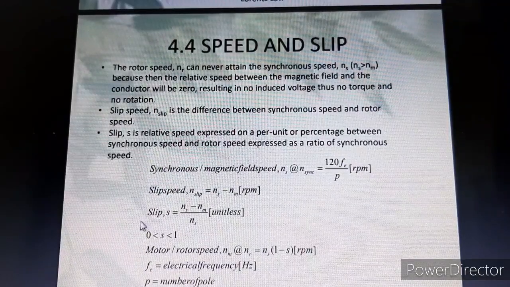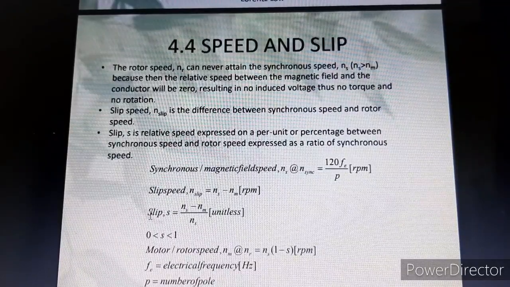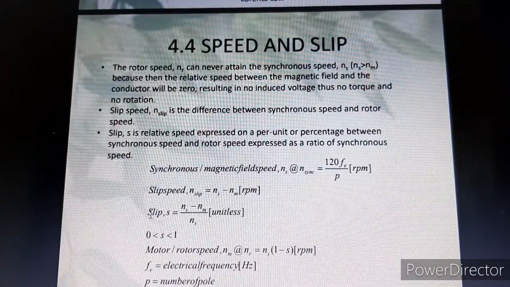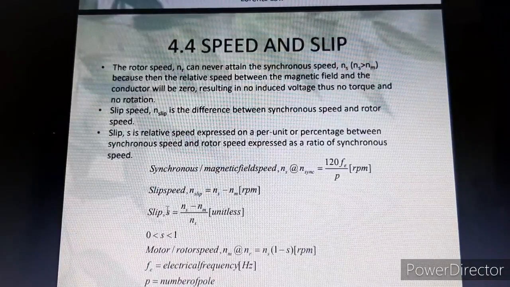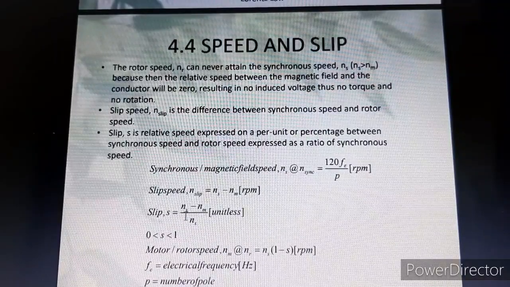Another formula is slip. Slip is not a speed, it is a ratio. Notice that there is no word speed after slip, it's just slip. Slip, s, equals (ns minus nm), or n slip, divided by ns.